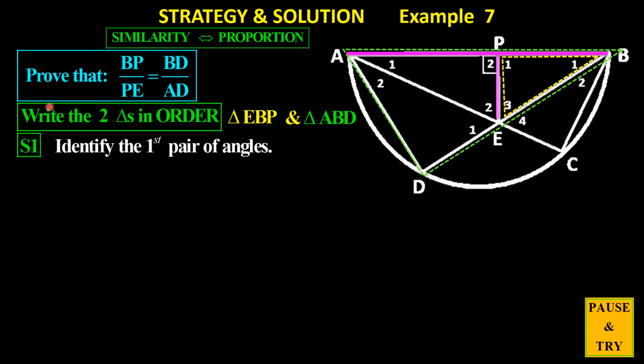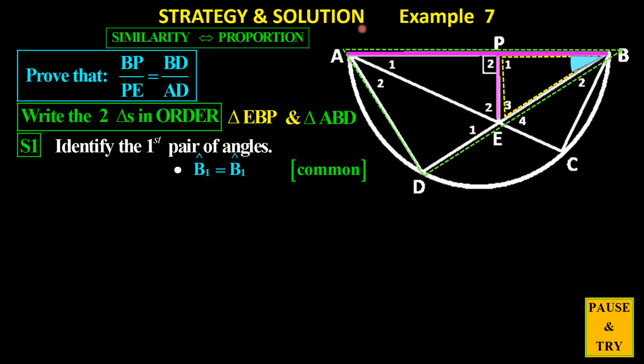First pair, obviously you can see there, just looking at the labeling, I have EBP and I have the B, and the B is common. We can even see from the two triangles that we've identified with the dotted lines, B1 is common, right? So we start with P1 equal to B1 is our first pair. Second pair, now let's look at the one triangle.